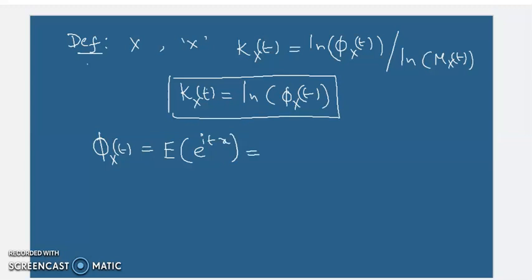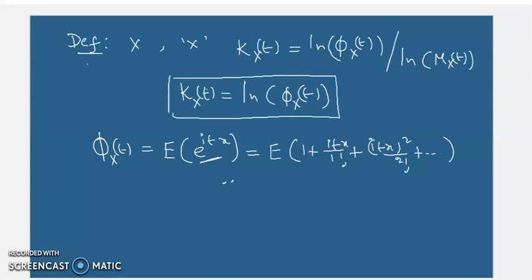And it can also be written as E of the exponential power series form, 1 plus itX by 1 factorial plus (itX) whole square by 2 factorial plus and so on. This is the power series form of e^(itX).